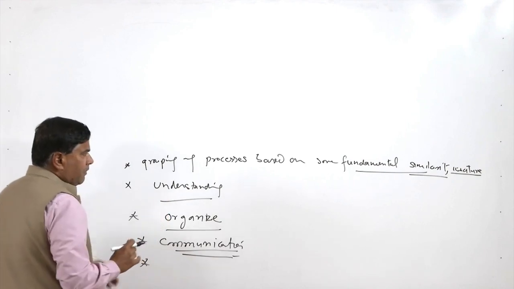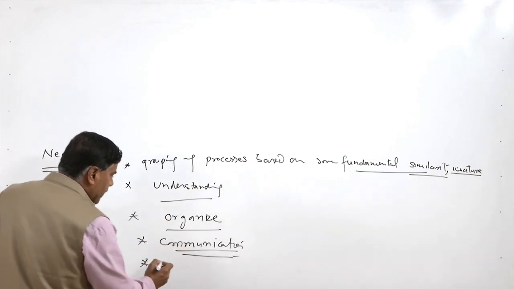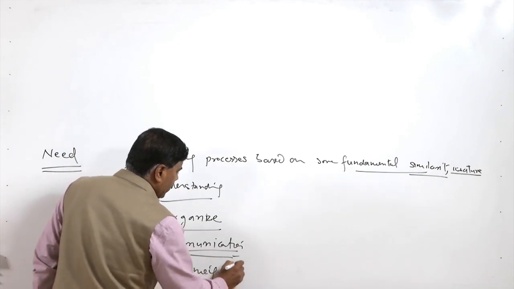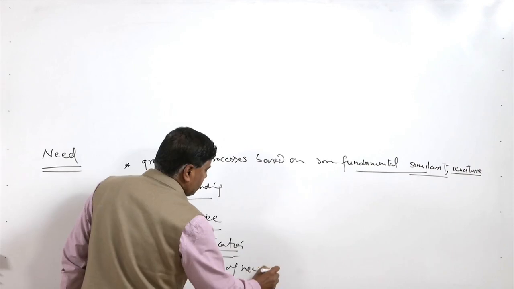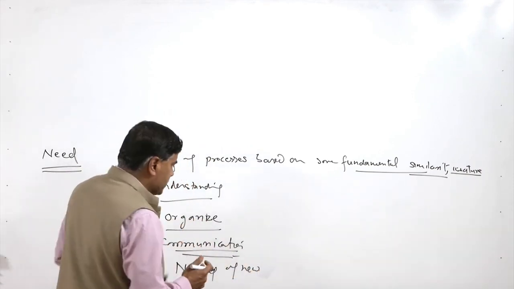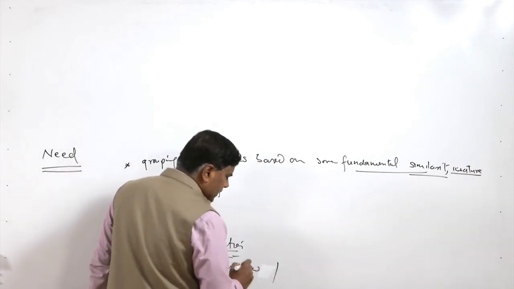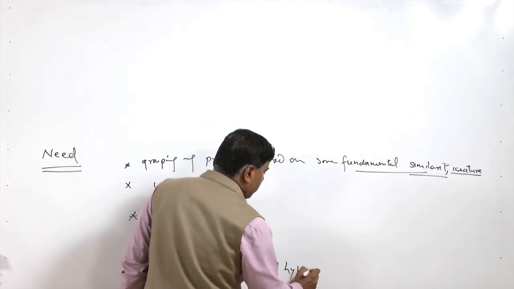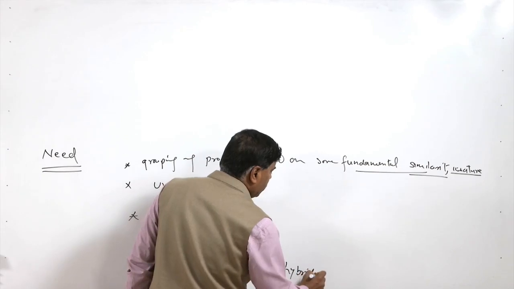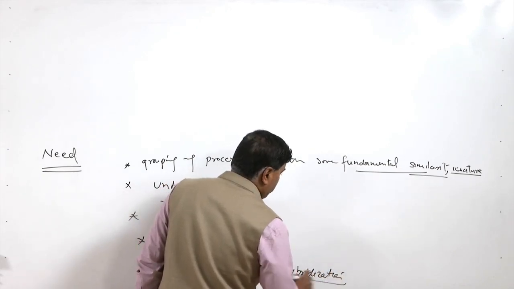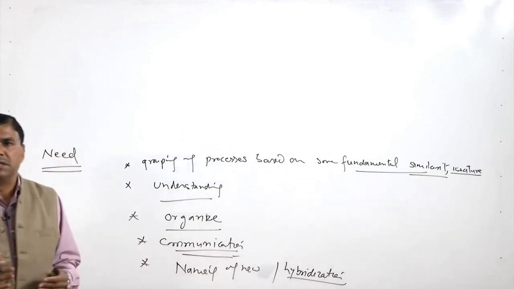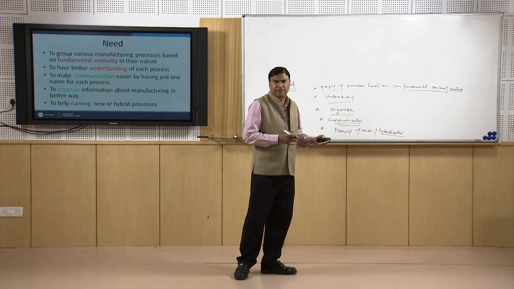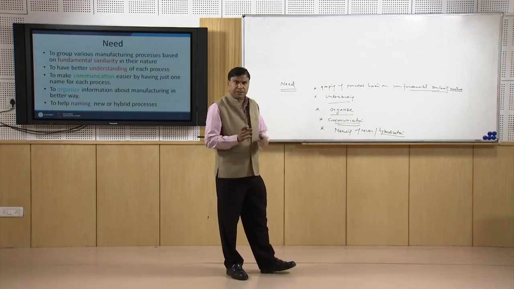Another purpose of the classification is that it helps us in naming new processes based on their fundamental aspects and characteristics, or based on hybridization. Like if we are putting two processes together to have better capability in terms of shaping, or providing the desired finish, or controlling the dimensions more closely.